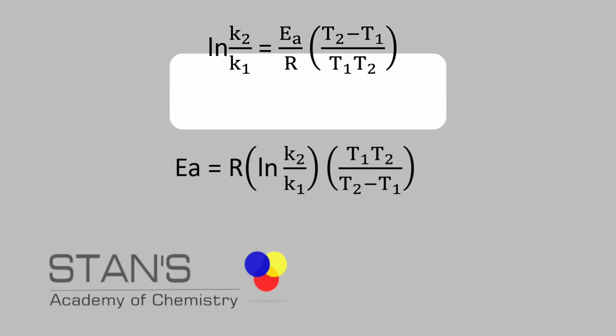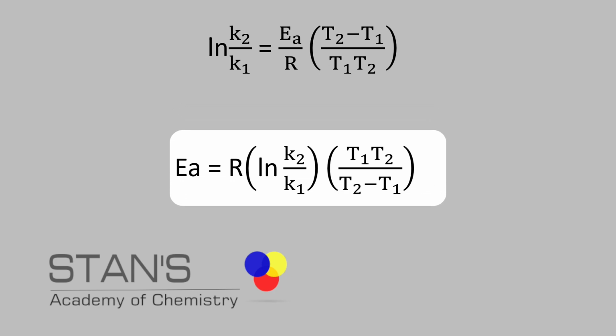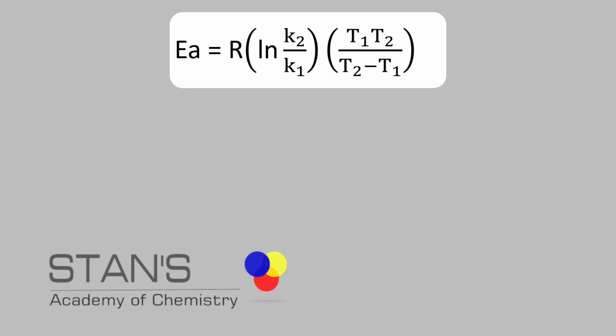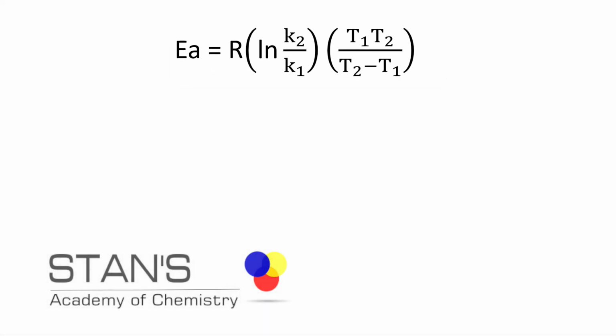Ea = R ln(k2/k1) times T1 T2 divided by (T2 - T1). Now, in order to solve for the energy of activation, all we need is this equation. So for the problem given, if you substitute the numbers that were given to you, you should be able to calculate the energy of activation.